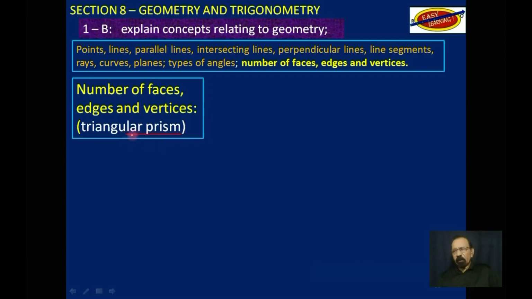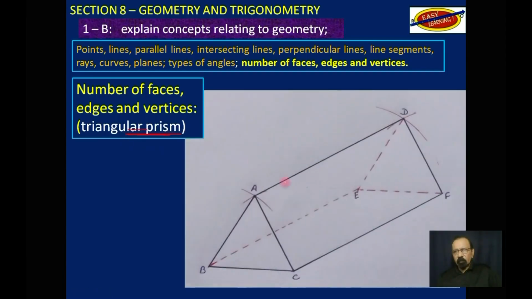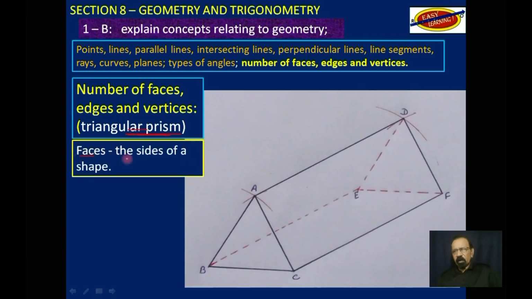Let's look at a triangular prism. This is the transparent version. Faces are the sides of the shape. So you could see a near face here, which is a triangle. There is also a corresponding one in the back over there, and 3 along the length.